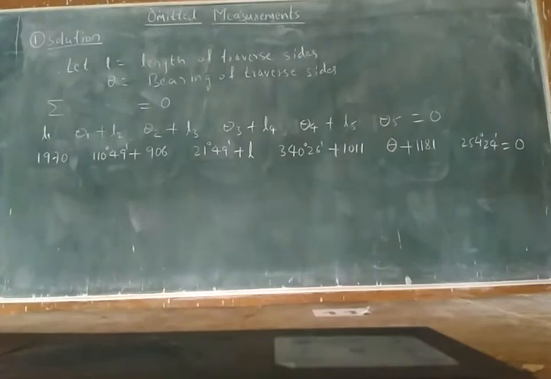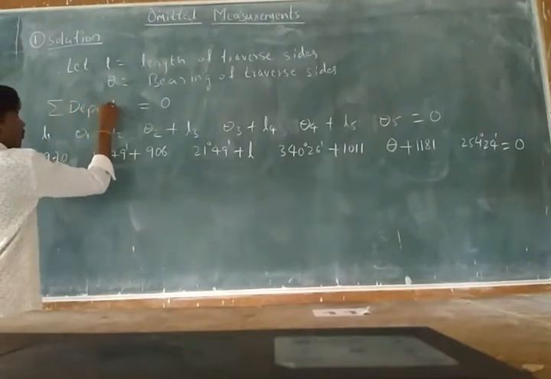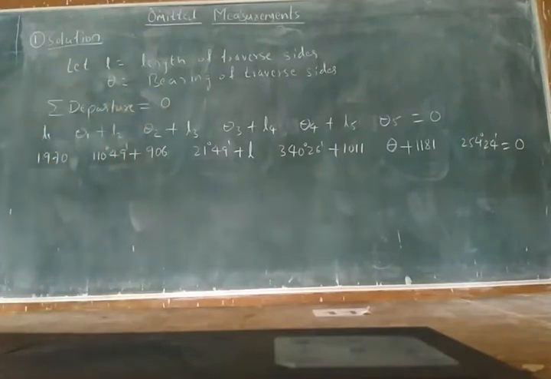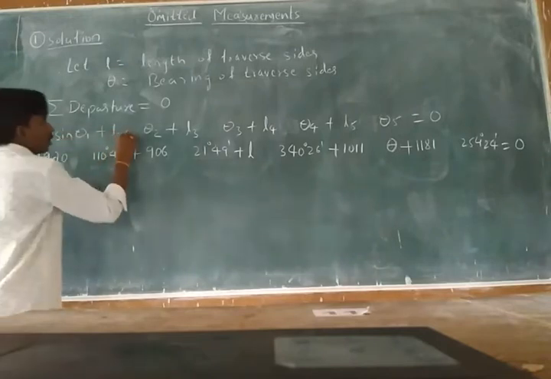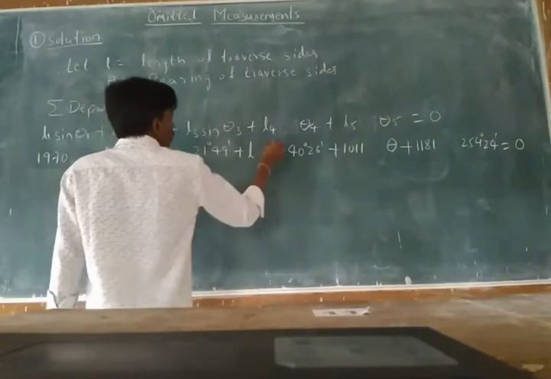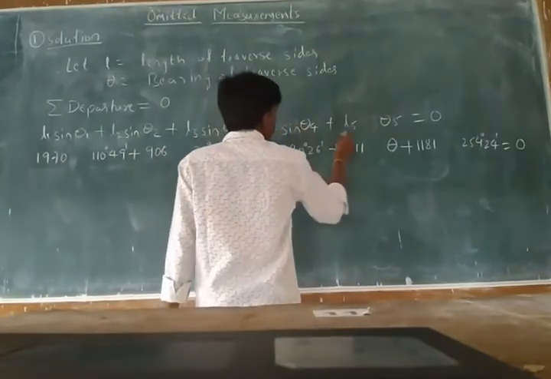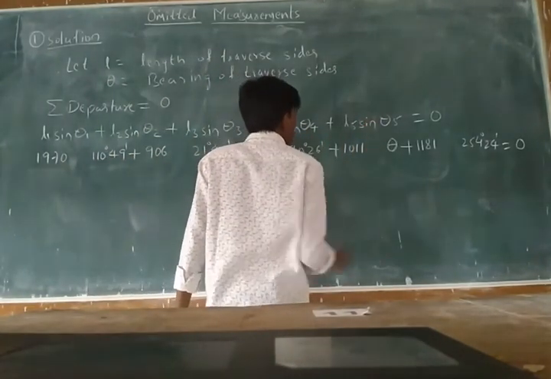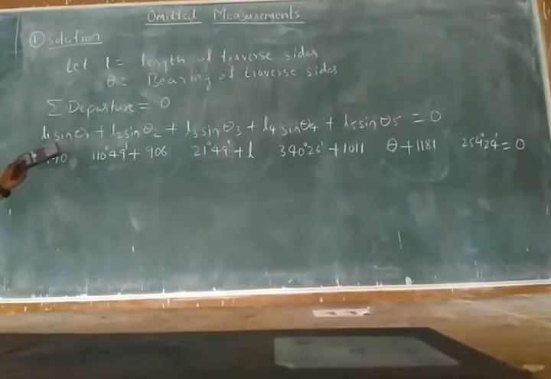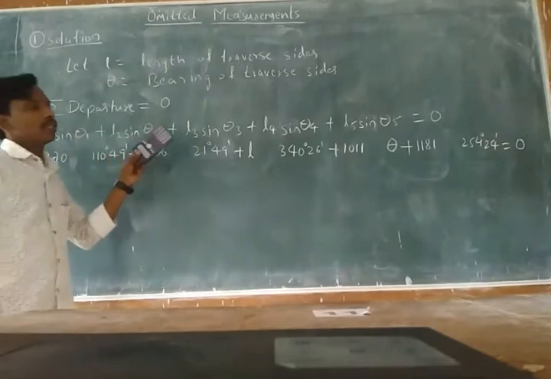So summation of departure equal to 0, that is the principle. Now L1 sin theta 1, L2 sin theta 2, L3 sin theta 3, L4 sin theta 4, L5 sin theta 5. So we know the length and bearings of all the lines.